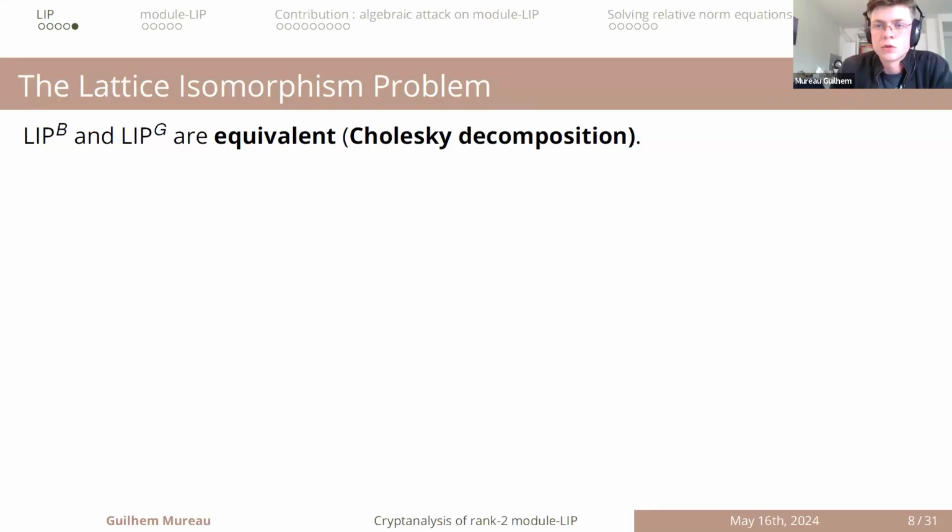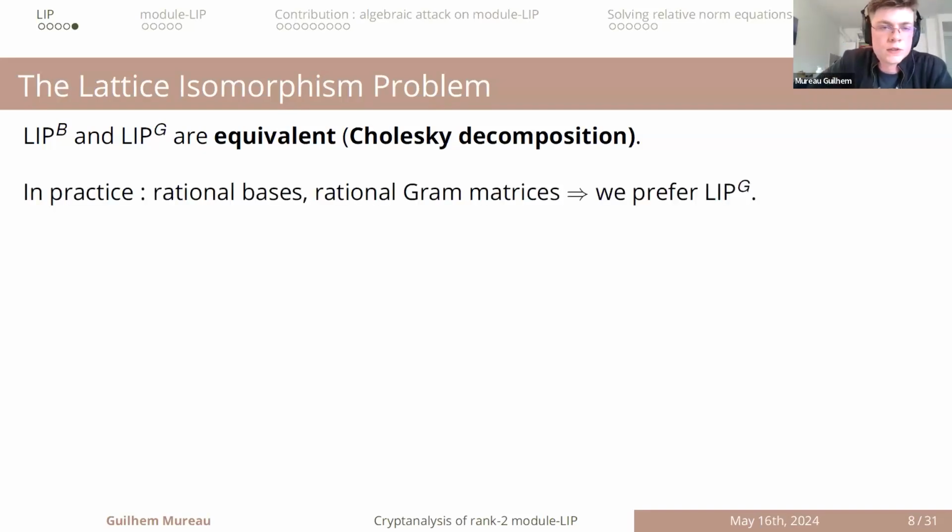This is due to Cholesky decomposition, which essentially says that given a Gram matrix, you can recover a factorization B transpose B, so you can recover the basis of a lattice with Gram matrix G. And in practice, we work with rational basis and rational Gram matrix, and we want to keep manipulating rational numbers.